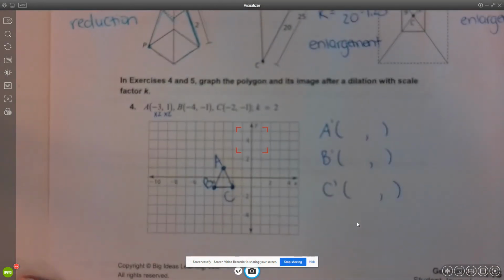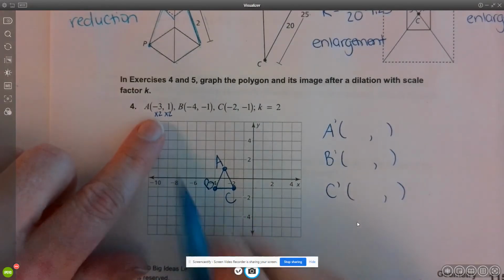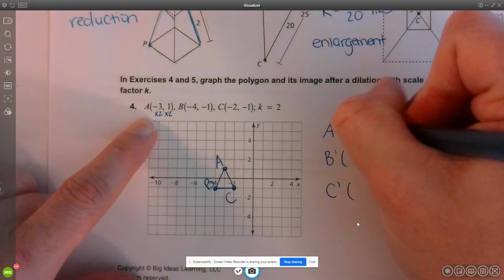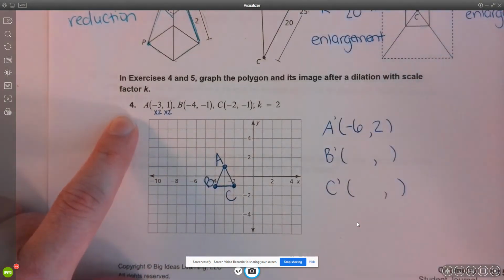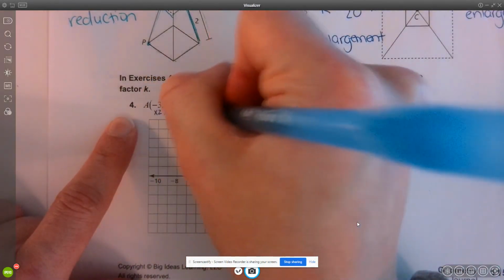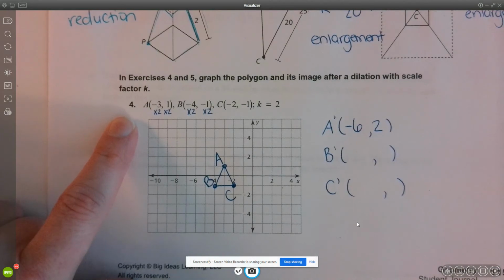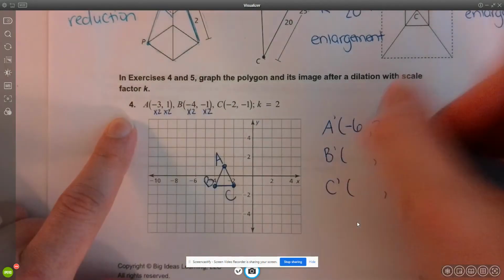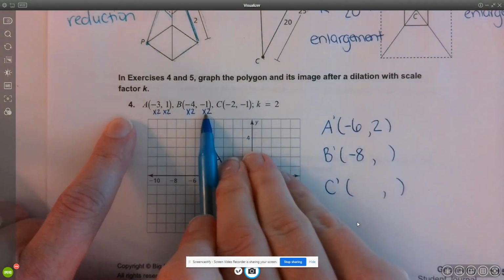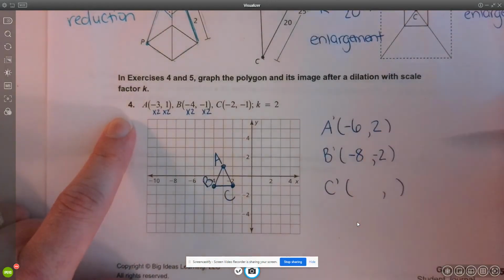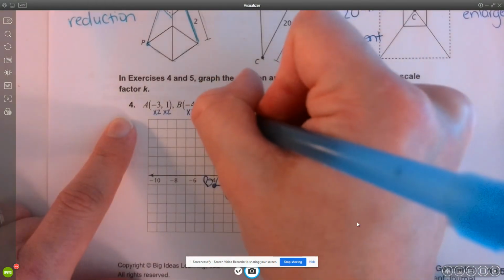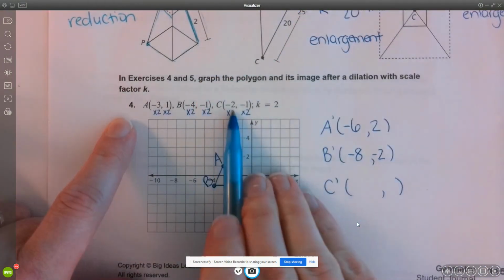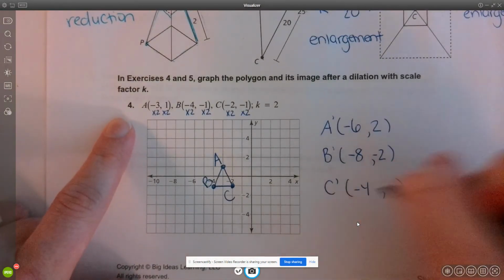Okay. So to get A prime, -3 times 2 is -6, and 1 times 2 is 2. We're going to do the same thing to B. To get B prime, multiply the x and the y coordinates by 2. -4 times 2 is -8. -1 times 2 is -2. Let's do the same thing to C. -2 times 2 is -4.